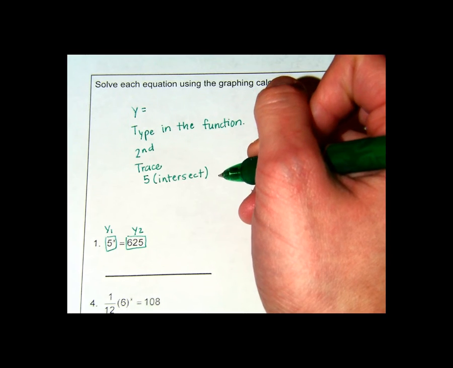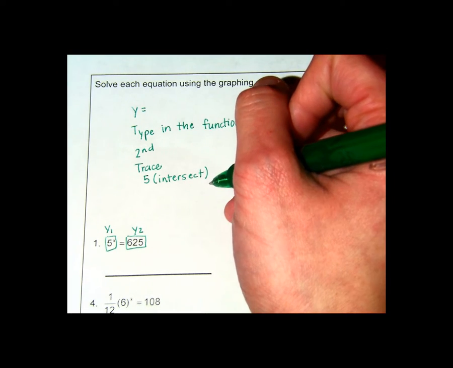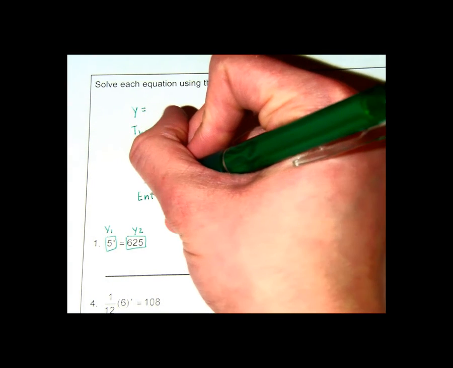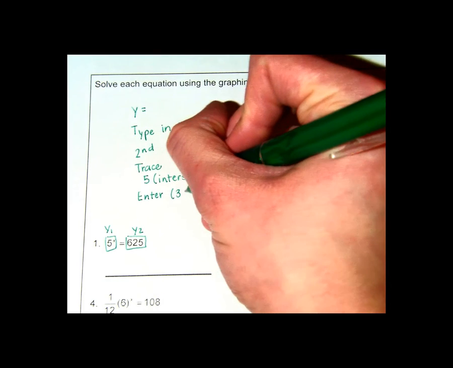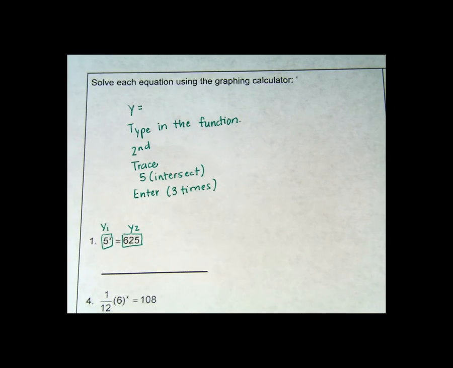We'll wait for it to load after we do that. And then we'll press enter 3 times. So we're going to do that with the first one. You're going to take some time to do those with the next one.